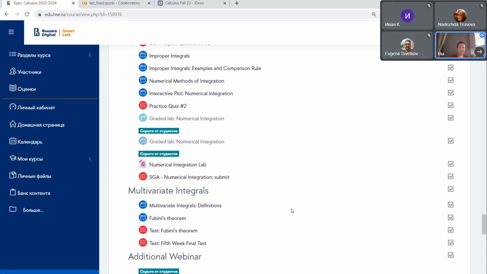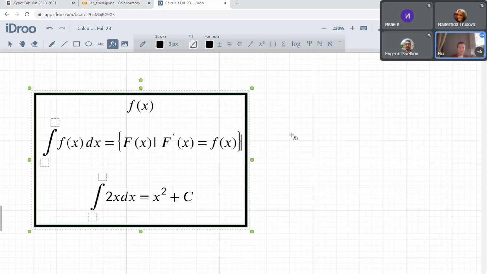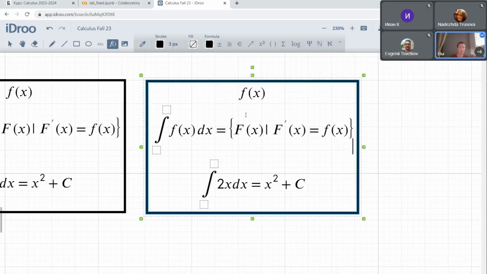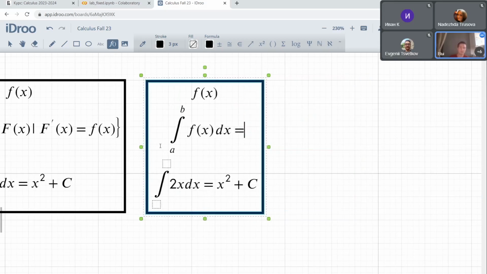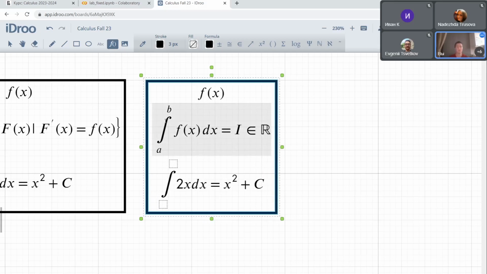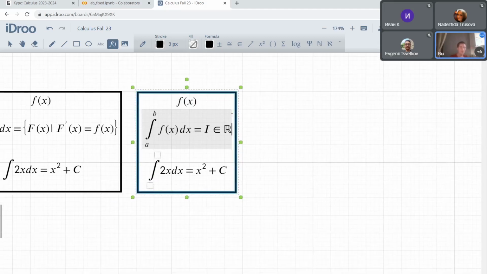The second topic is the definite integral. What is it? Consider the following. We have some function f(x), and now we want to compute the definite integral of this function. The result will be a number, which corresponds, in some informal way, to the area under the curve.